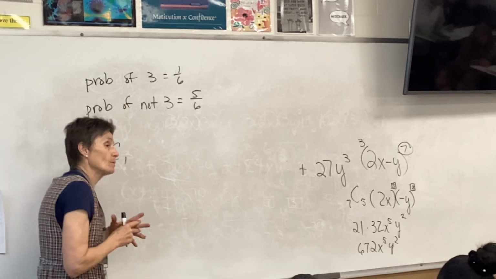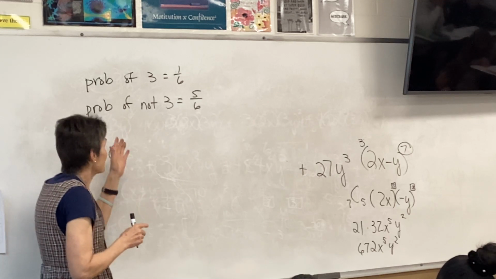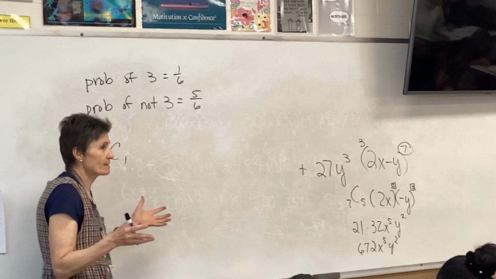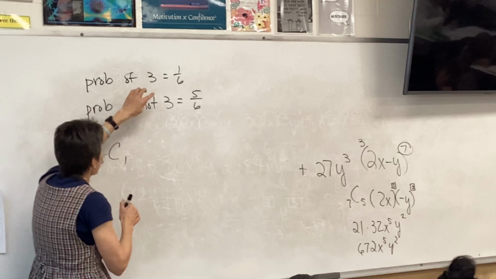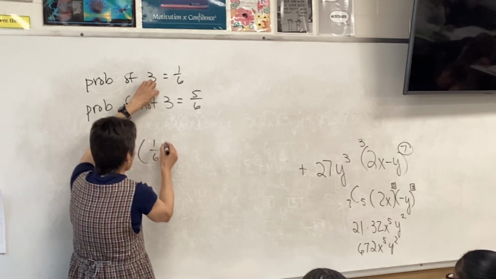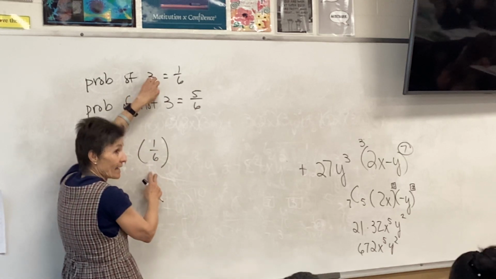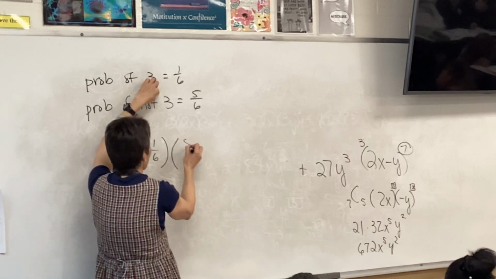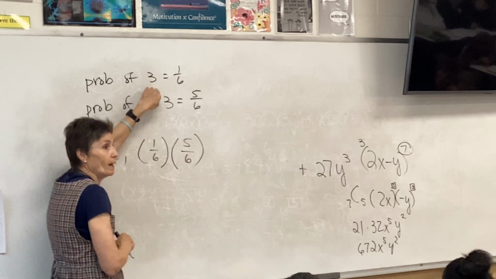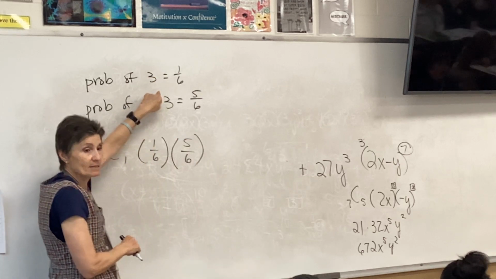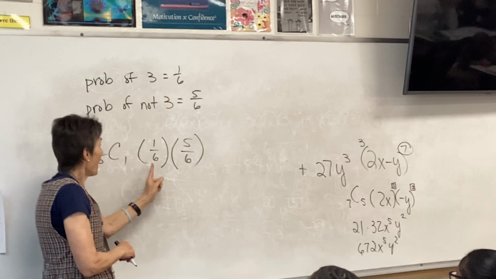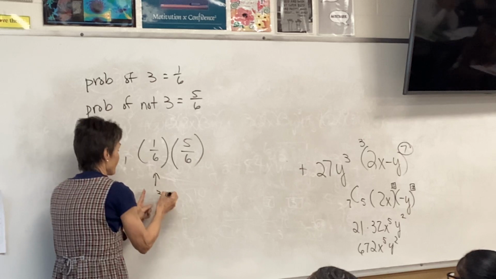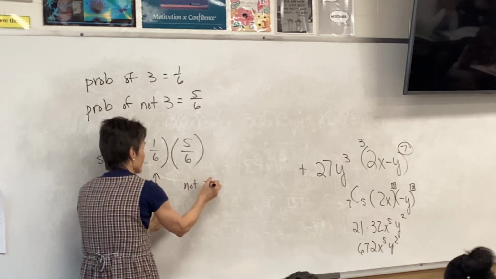Now, this problem obviously doesn't have X's and Y's like our last ones had, but it has 2 parts. It has the probability of what I want, that's like X, and it has the probability of what I don't want, and that is Y. This is 3, this is not 3.